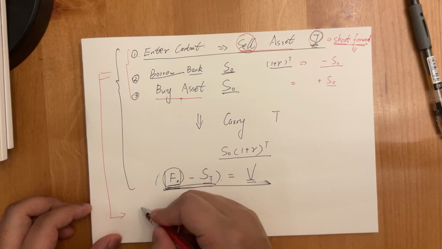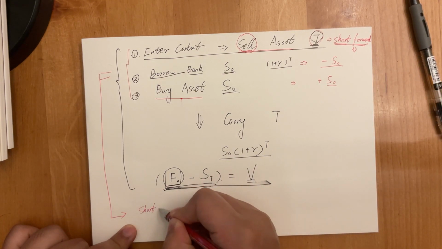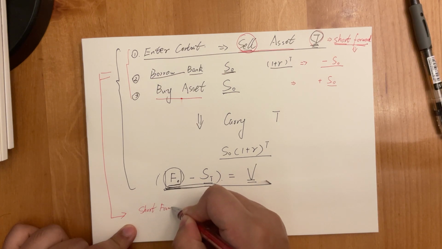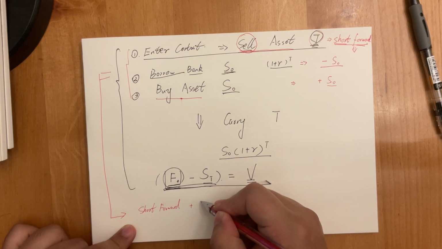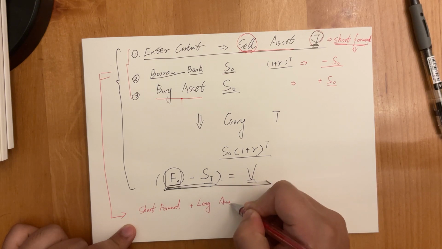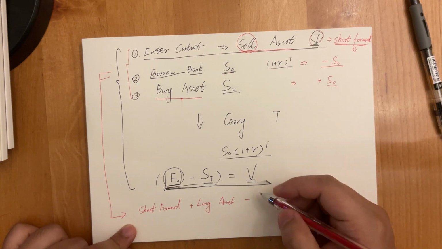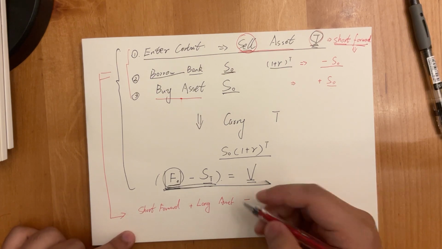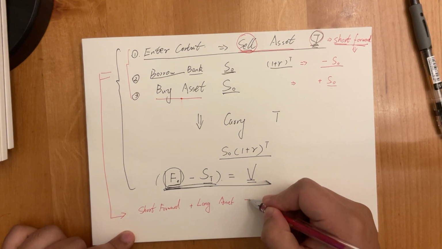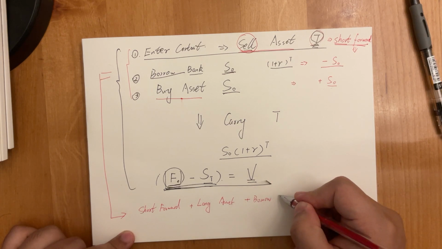The overall position will be: you short forward, you plus the asset, so you buy the asset or long the asset, and you short the fund or short the cash, so borrow the fund.